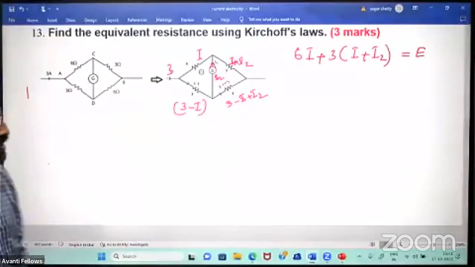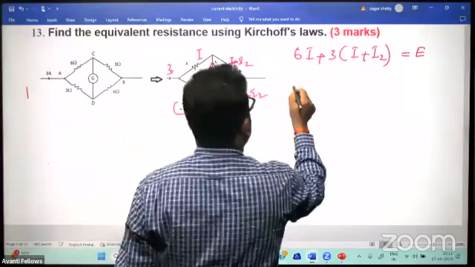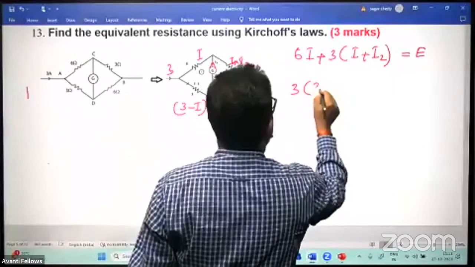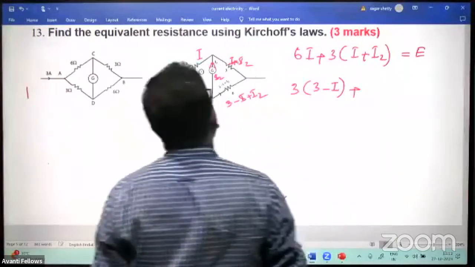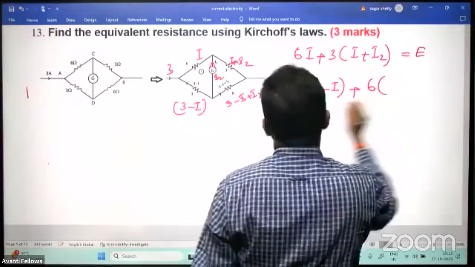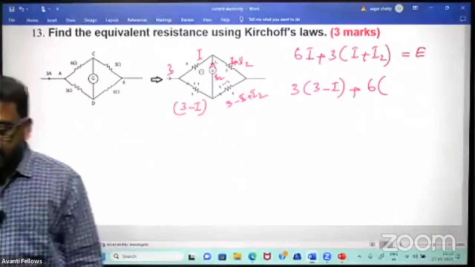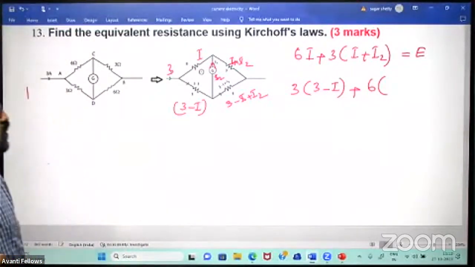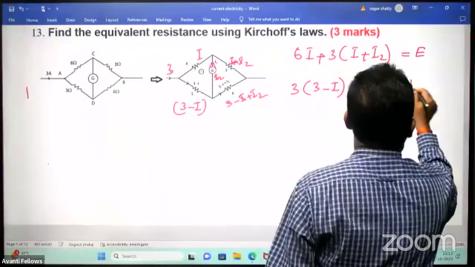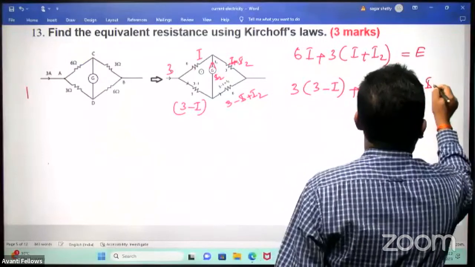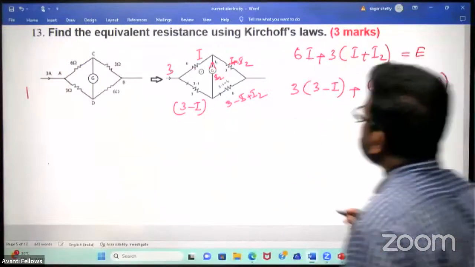Then the second statement is, see this one, the lower one: 3 into (3 minus I) plus 6 into the current through that 6 ohm, which is 3 minus I plus I2.